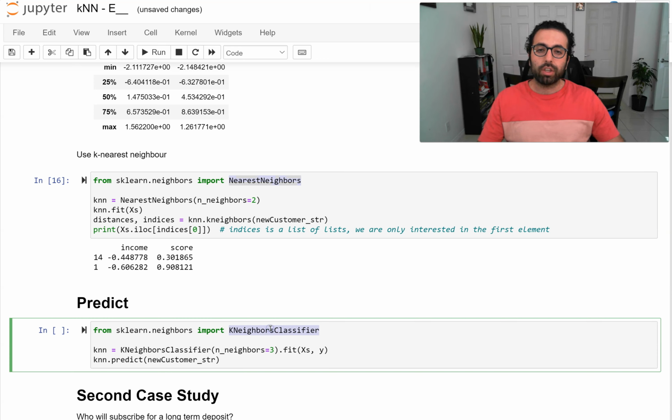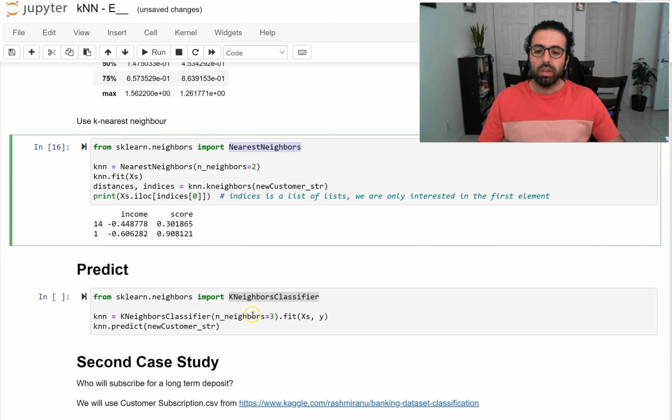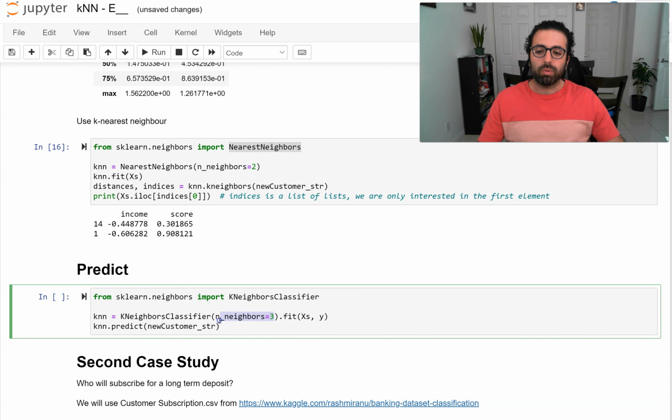This one actually finds the nearest neighbors and derives a classification from those nearest neighbors. So this is one step further than what we already did in the previous chunk. So here we say we want 3 neighbors, and we fit our X and Y data, we also derive our prediction.